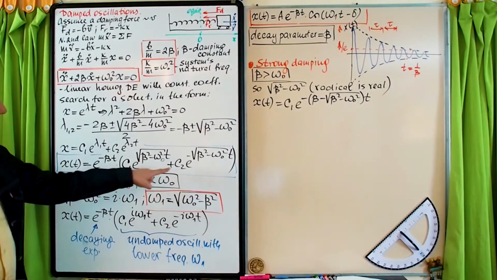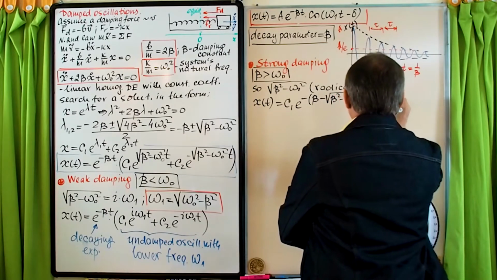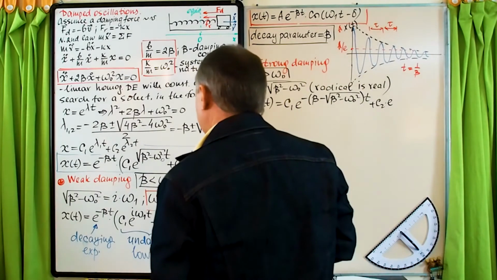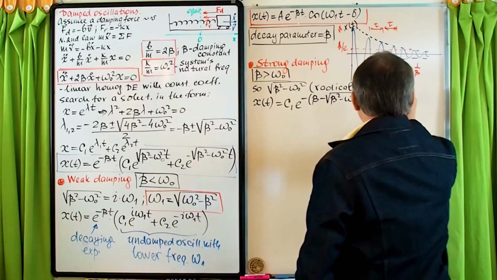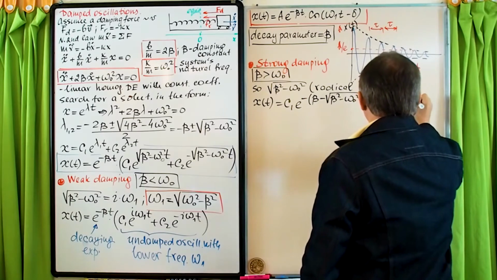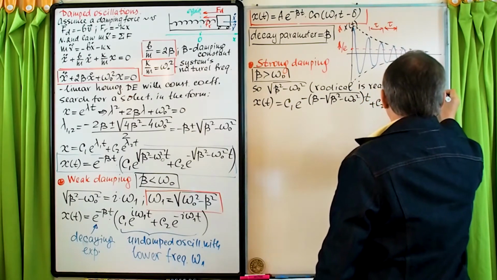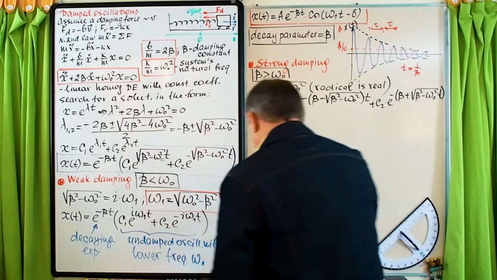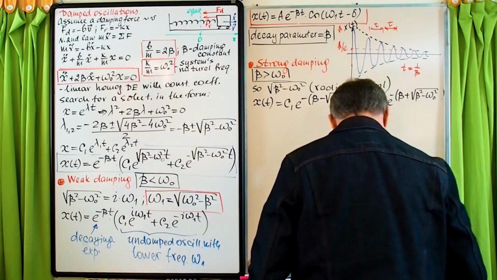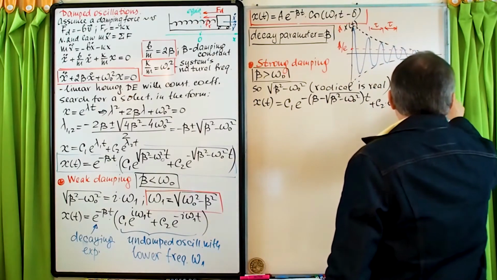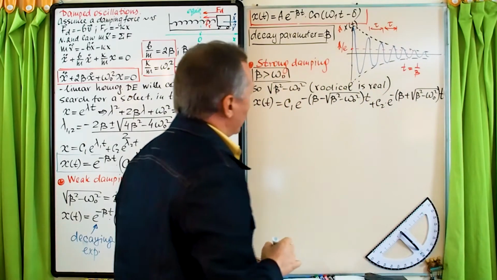And now the second term, plus C2 e to the power of, again, I will take it outside here, minus beta plus square root of beta squared minus omega naught squared, t.